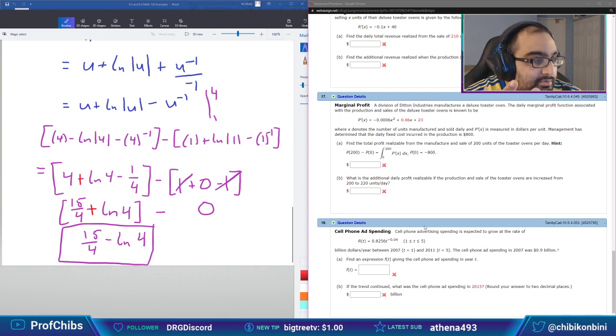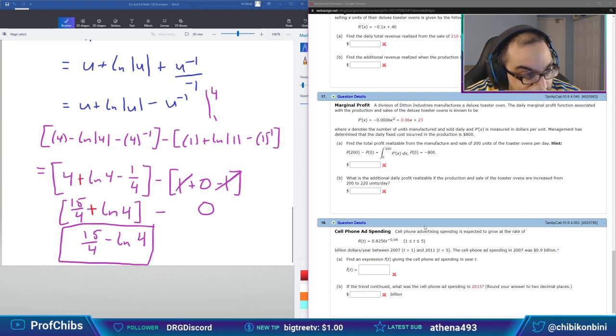Management has determined that the daily fixed cost incurred in the production is $800. Find the total profit realizable from the manufacture and sale of 200 units of the toaster ovens per day. They give us a little hint here: P of 200 minus P of 0 is equal to the integral from 0 to 200 of P prime of X dx, where P of 0 is equal to negative $800.